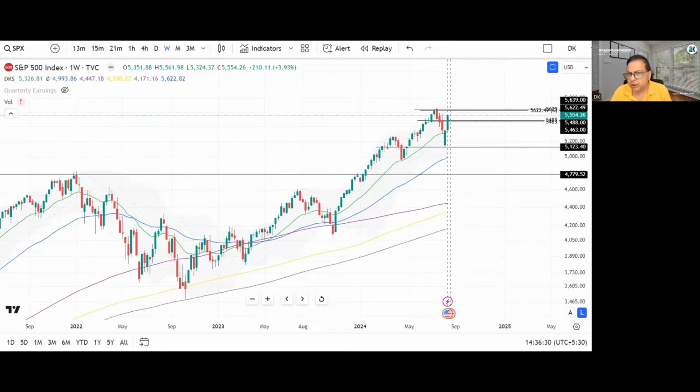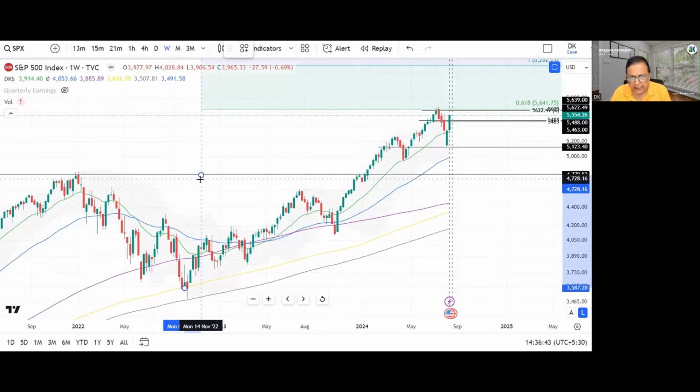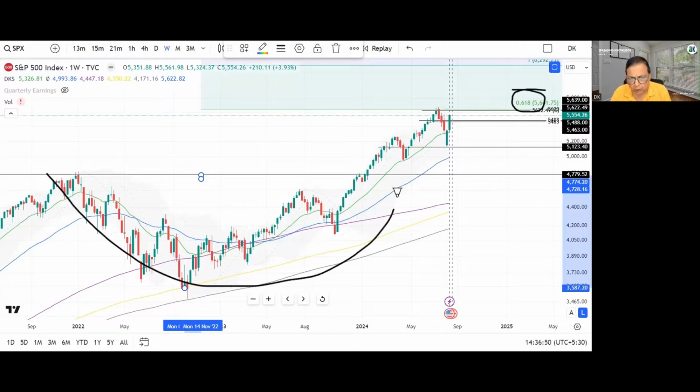If we superimpose some of the technical studies, earlier we had seen the formation of a rounding bottom pattern. And here, if we check the targets, it has achieved the first target of 61.8% expansion level with respect to the rounding bottom pattern, and then correction started.